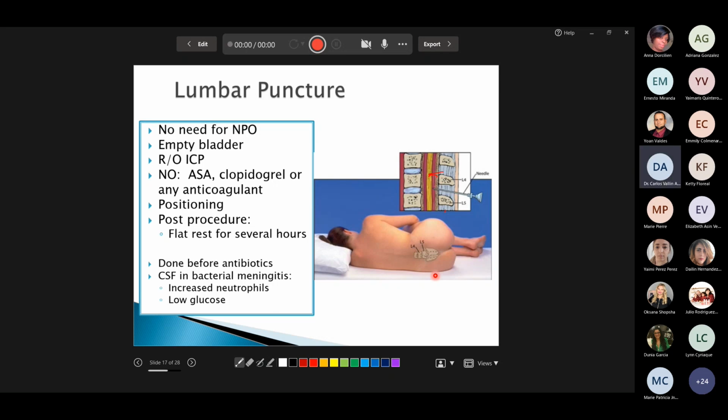Because the antibiotic should be initiated as soon as possible, but the lumbar tap must be done before the antibiotics are initiated, because the importance of obtaining the liquid is to identify which bacteria is producing the meningitis and which antibiotics are effective to eliminate this bacteria. When there is meningitis, the liquid is purulent, has increased neutrophils and low glucose.